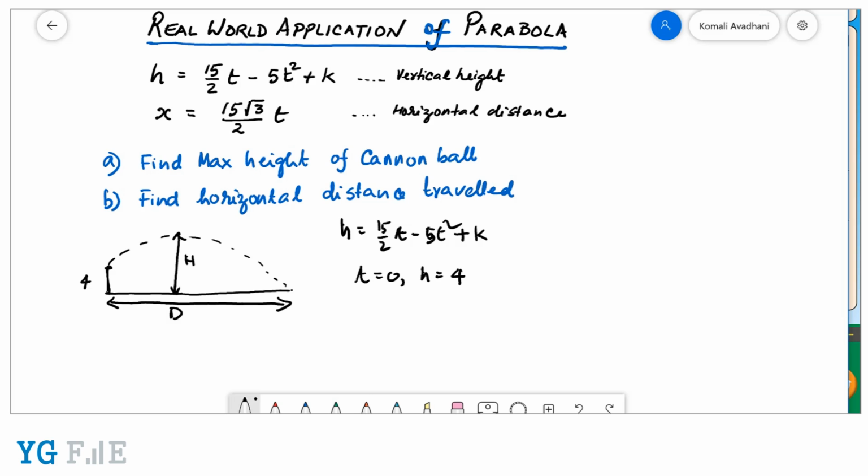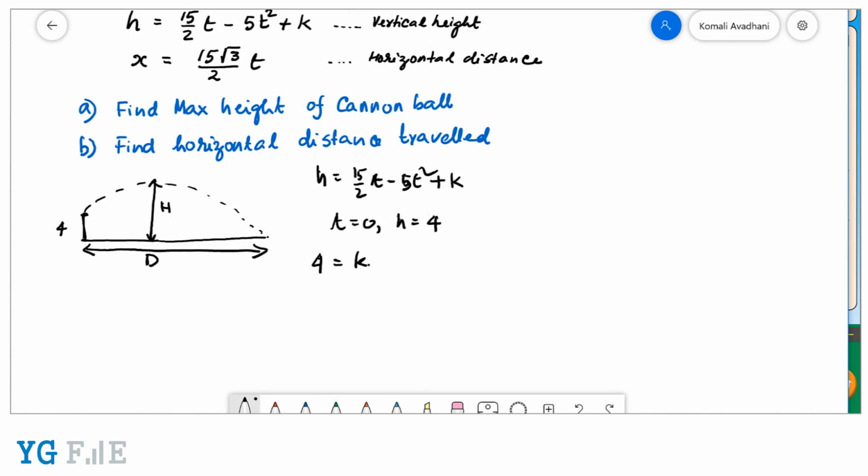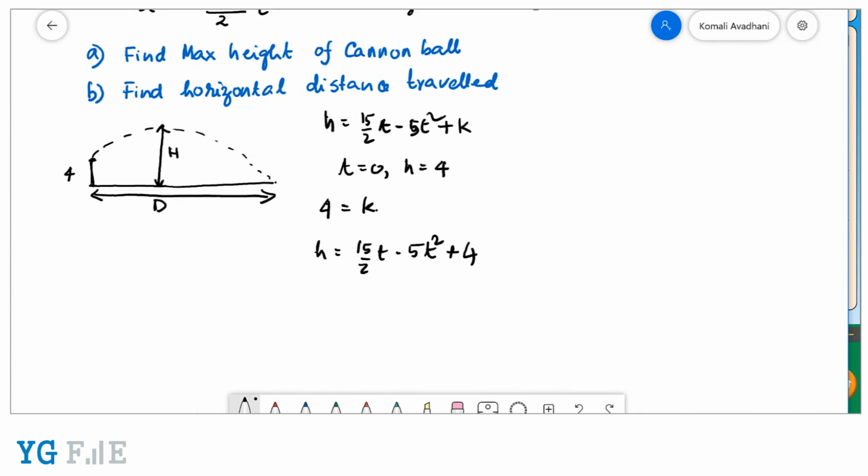So we can substitute these values and we will get k equal to 4. Now our equation is h equal to 15 by 2 t minus 5 t square plus 4. So this is the equation of the cannonball's path.